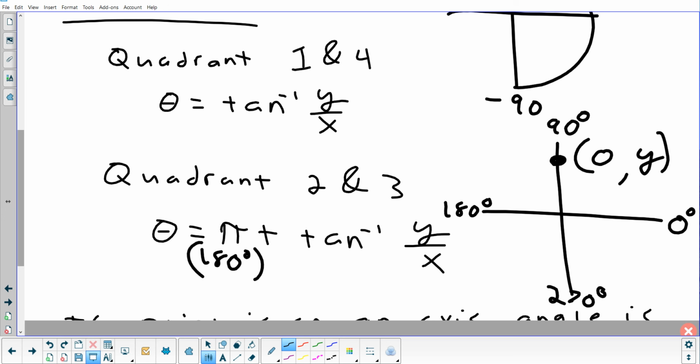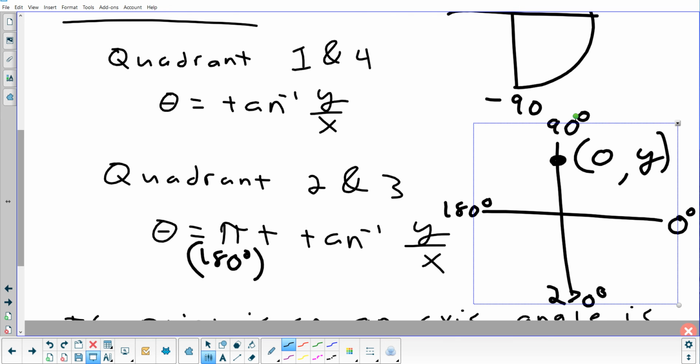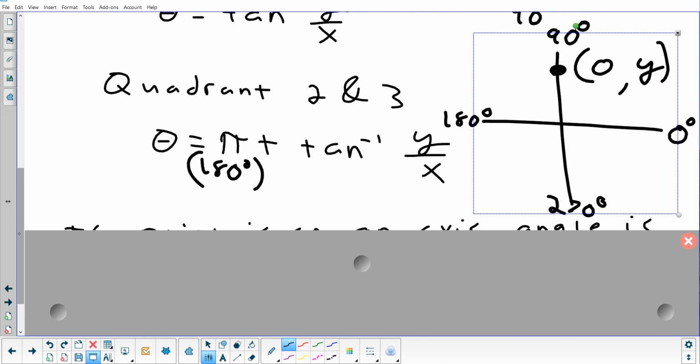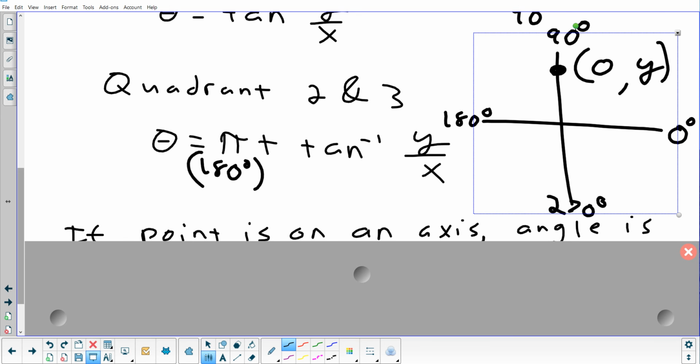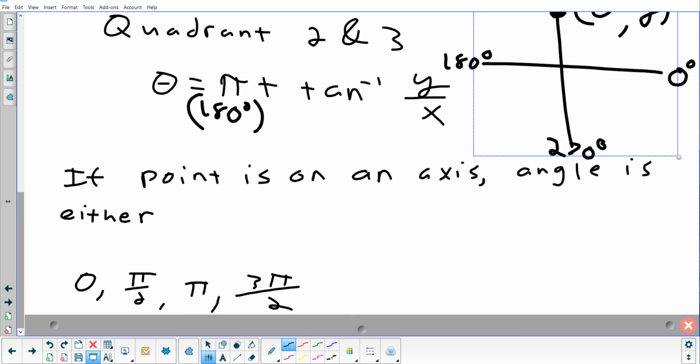It takes a little longer to use a formula. Or, the special case is very fast because you're on an axis, so you can do it real quick. If you don't remember what those 4 angles are in radians, they're 0, pi over 2, pi, 3 pi over 2. 0, 90, 180, and 270.